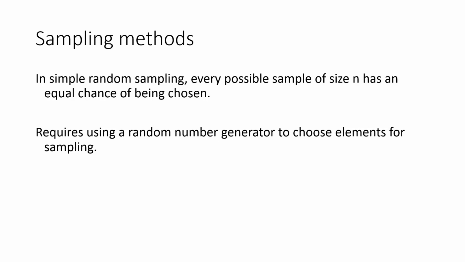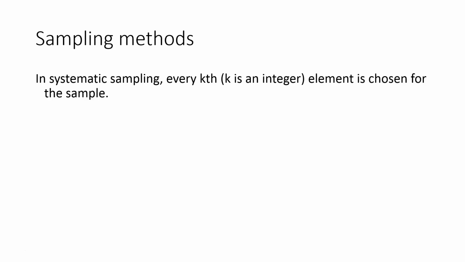Okay? We could draw names out of a hat, but nobody really does that. We use the random number generator to do that in a more technological way. So that's simple random sampling. Random number generator, and use the random numbers to choose.